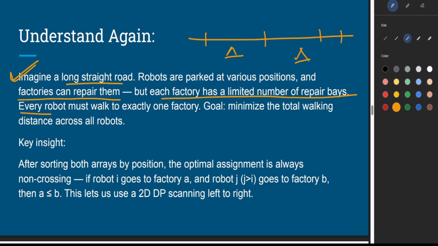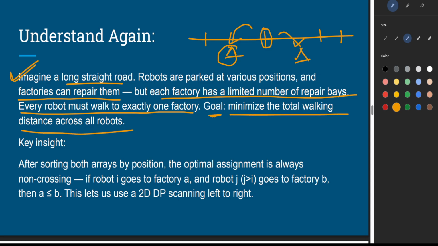Every robot must walk to exactly one factory. Either it goes to this factory or here or here. Our goal is to minimize the total walking distance across all the robots. Keep this in mind.